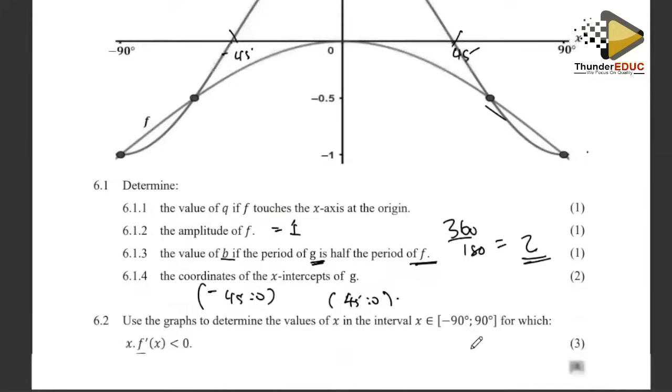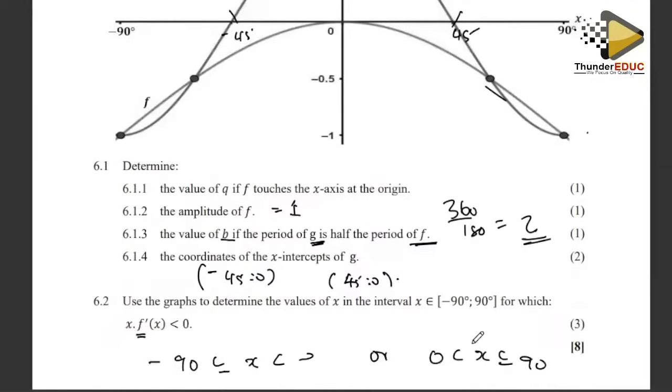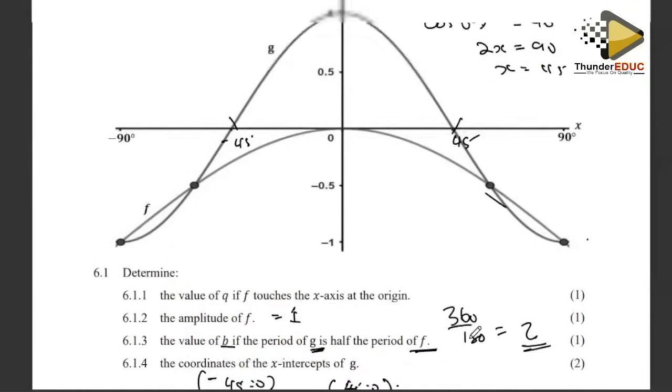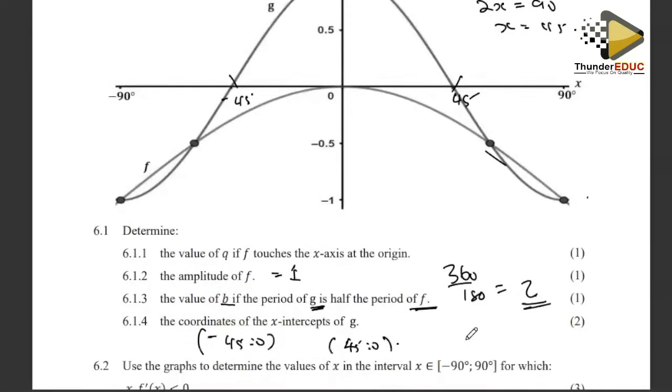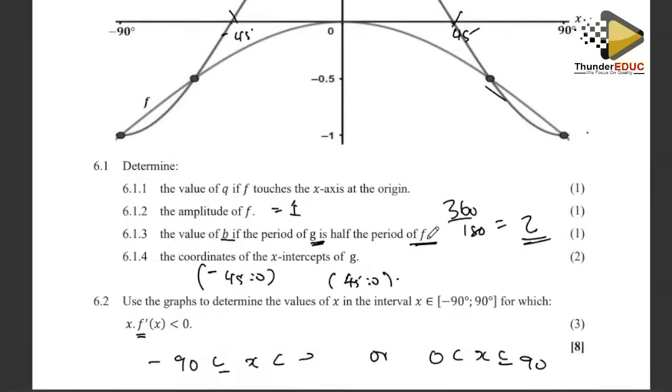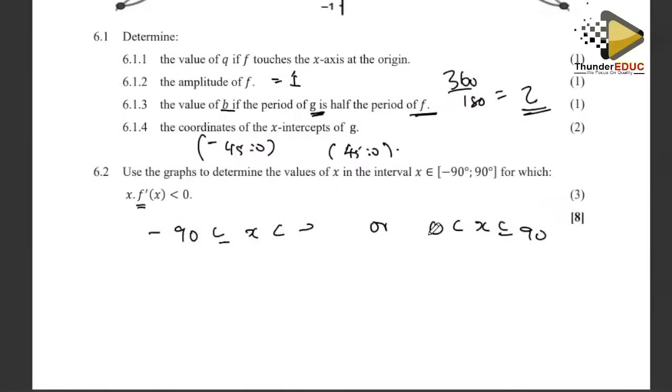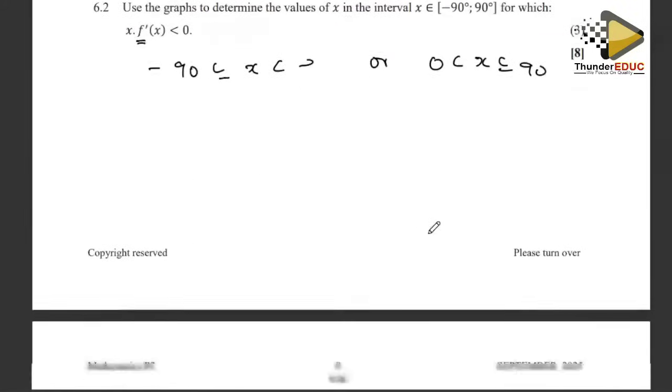As x is negative, the gradient is positive for f. And then when f is positive, the other one must be negative. So that is either side of the domain.